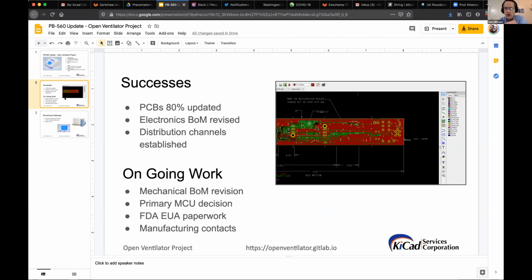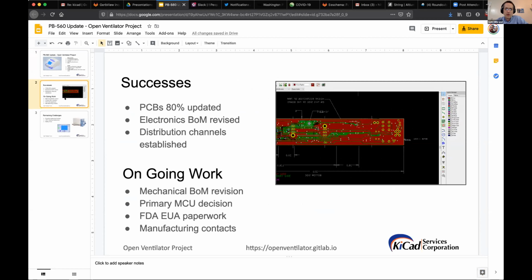So far, we've finished about 80% of the printed circuit boards. The electronic BOM has been revised to currently available components, and we've begun establishing our distribution channels through companies like Viamed that provide ventilators directly to hospitals from manufacturers.